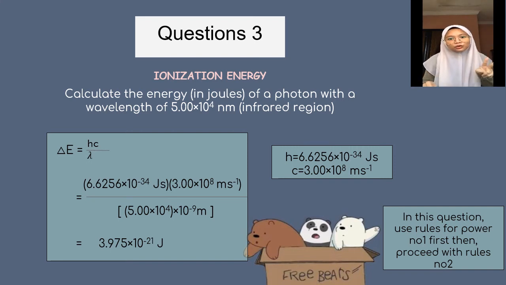And rule number 2, to divide powers of the same base, subtract the indices. So, negative 26 minus 4 plus negative 9, we get negative 21. So the answer is 3.975 times 10 to the power of negative 21 joule. That's it. Thank you.